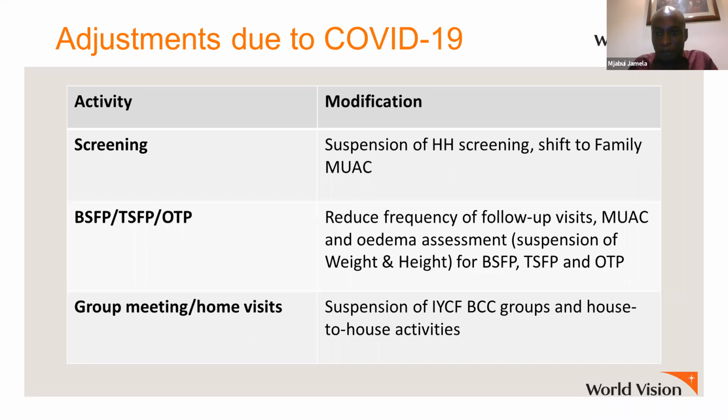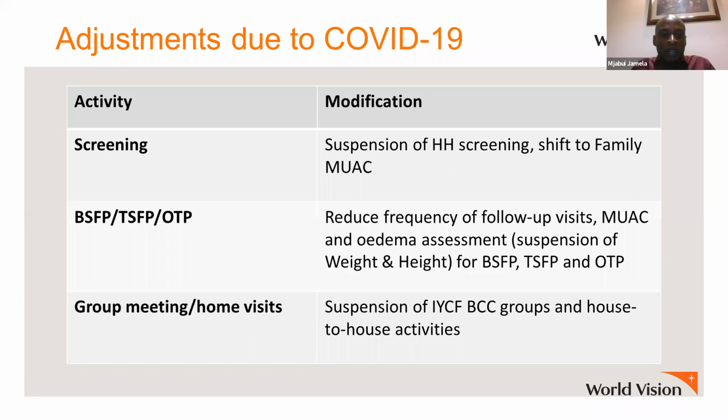Okay, so as we zero in on what maybe most of you are interested in today, some of the adjustments that we started doing about a month ago when Bangladesh had its first cases was to adjust our screening methodology from the normal active case finding, which is done at household level, and we shifted to family MUAC, whereby mothers are trained on MUAC and they're able to measure children within their households.